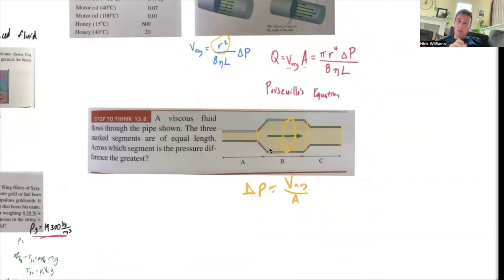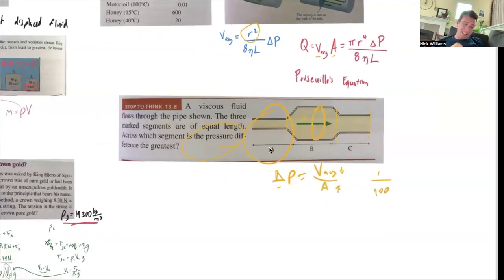B is going to have the largest cross-sectional area and the slowest velocity. So this is big and this is small, which means it won't be affected very much, right? A small number, 1, over a big number, 100, means not very much change in pressure. The one with the greatest pressure difference would be A, because it has fast moving liquid and a small cross-sectional area.